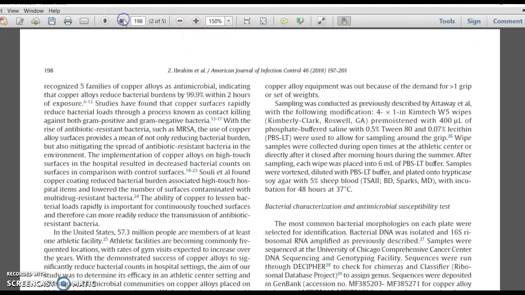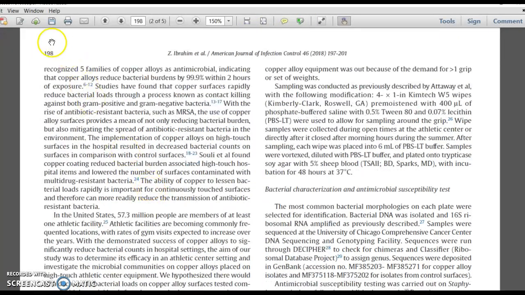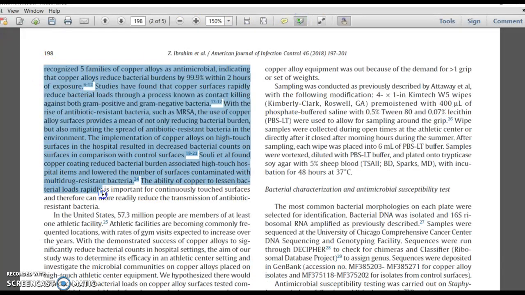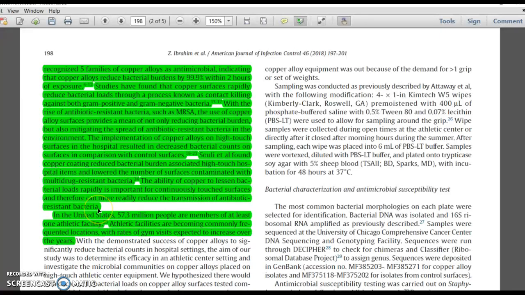And then if we keep going on to the next page of the paper, talking more and more about that, we can highlight here. All of this is justifying the use of copper in their study as a method to reduce the amount of bacteria on gym equipment.